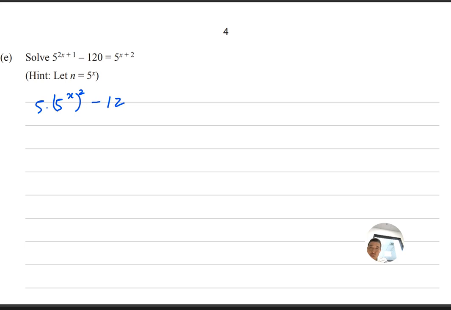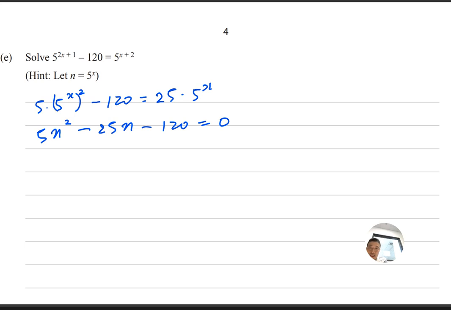Then minus 120 equals, well, 5 to the power of x is 5 to the power of x, but then you have 5 squared, which is 25, isn't it? So I'm going to say 25 times 5 to the power of x. As the question suggested, we say n instead of 5 to the power of x. So we go 5n squared minus 25n minus 120 equals 0.